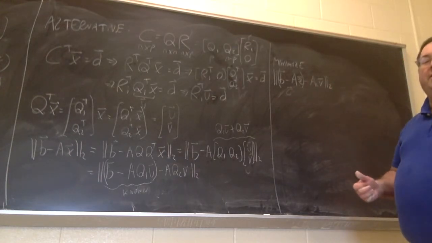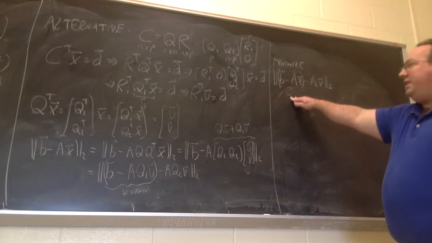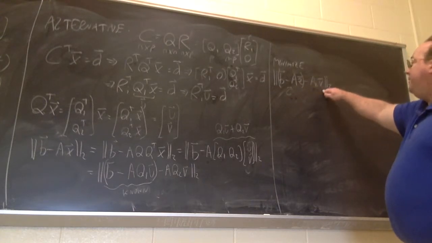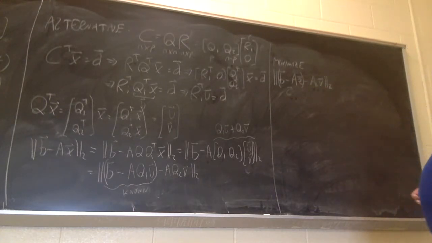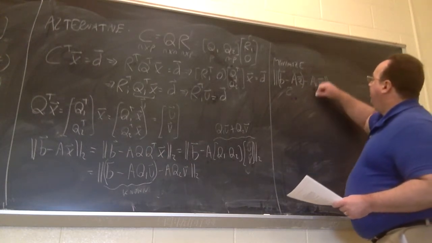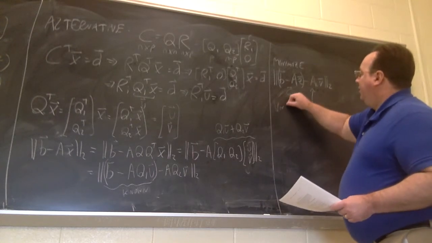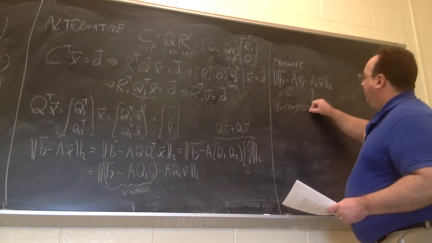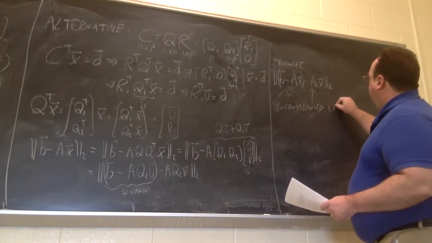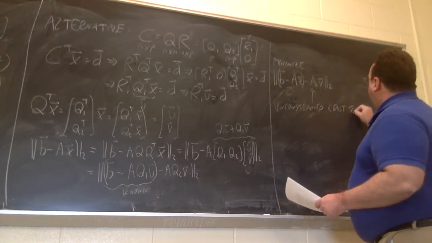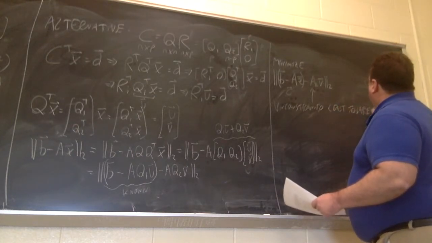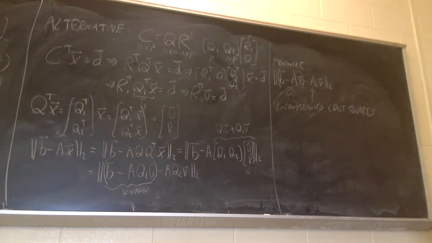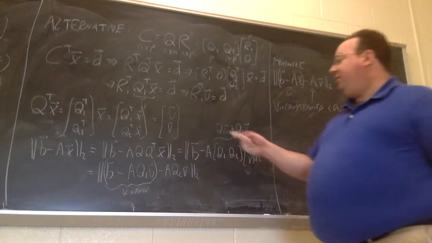Before, normally it's B minus AX. Well, this is playing the role of B, this is playing the role of A, and V, my unknown, is playing the role of X. So this is an unconstrained least squares problem. Okay. Now, here's the difference though. V is equal to Q transpose X.